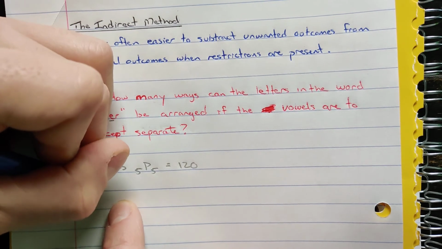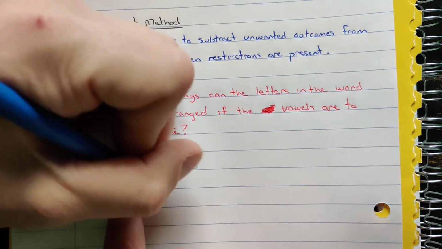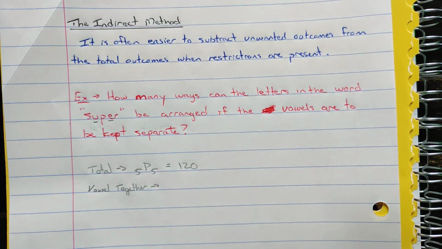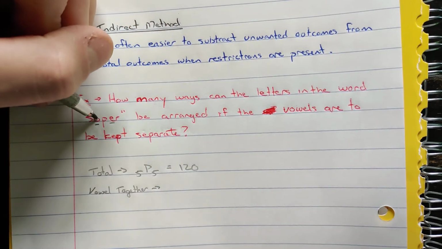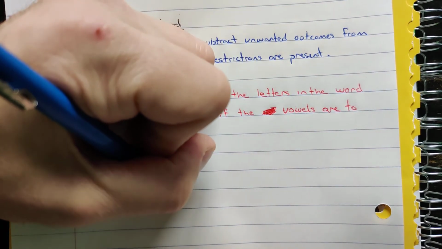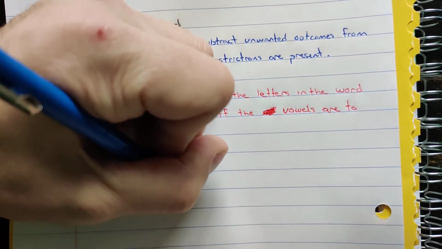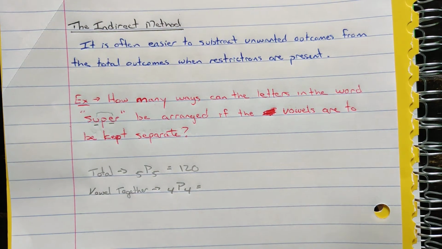So the vowels together would then be, since U and E are one item, there's only 4 options now. So we're doing 4 options, 4 spaces, and we're arranging 4.